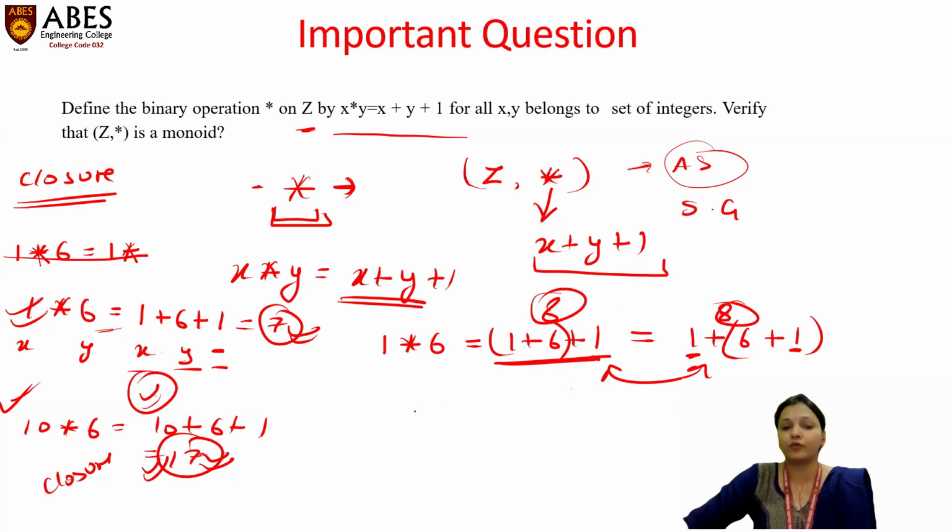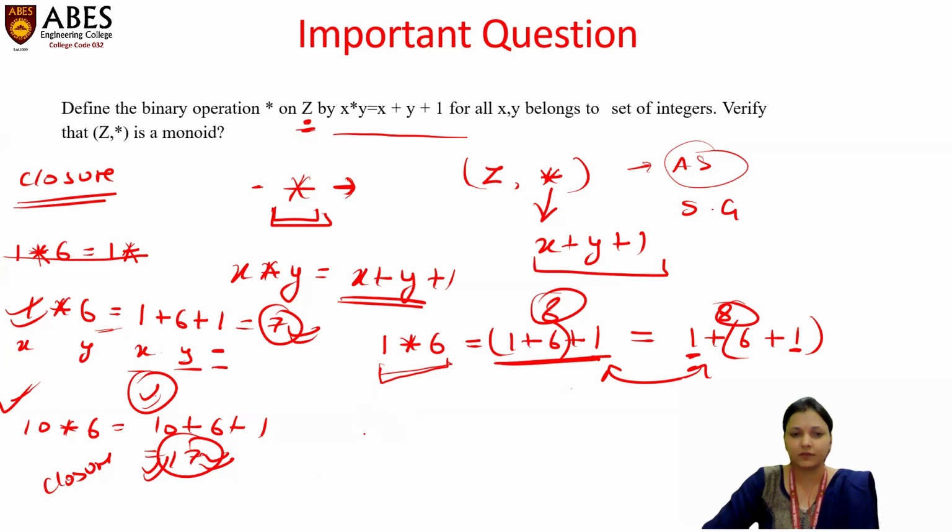Now we will check for monoid, whether an identity element exists or not. For checking whether an identity element exists, we first need to find what the identity element is. So first of all, we will take any one integer value. This value can be 7. Applying this operation, can we get 7?